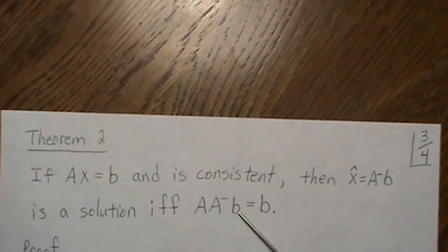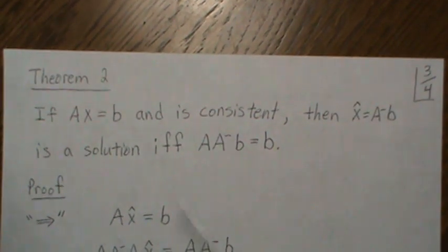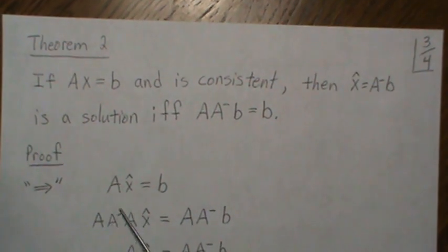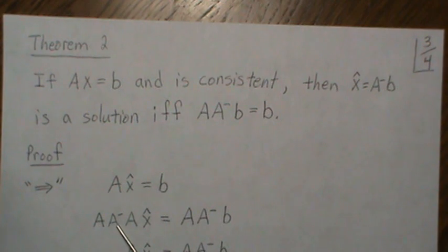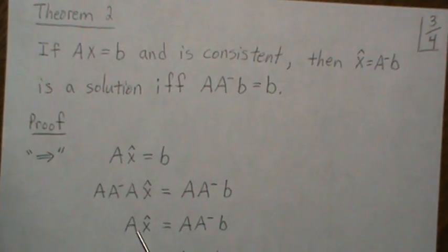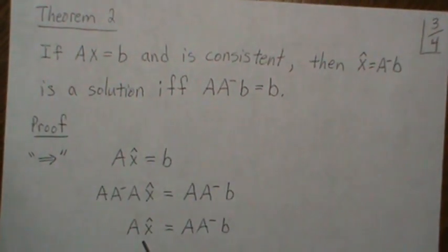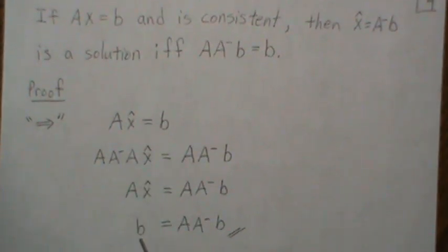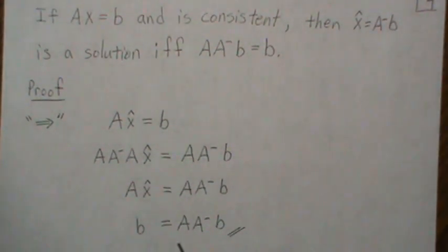So let's go this way. We assume this is true, and we pre-multiply by A generalized inverse to both sides. Since it's a generalized inverse, that's A. And then since the system is consistent, we know that that's B. And then this requirement is true.